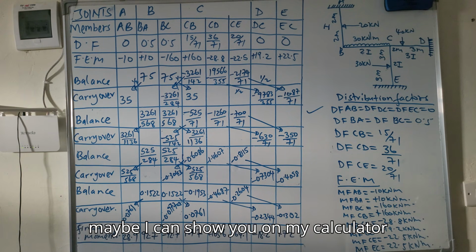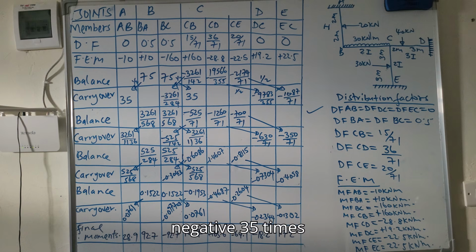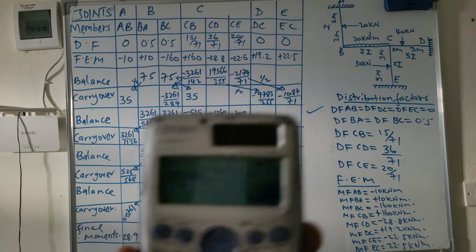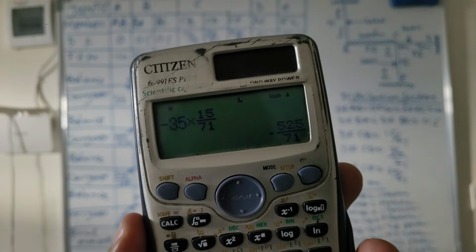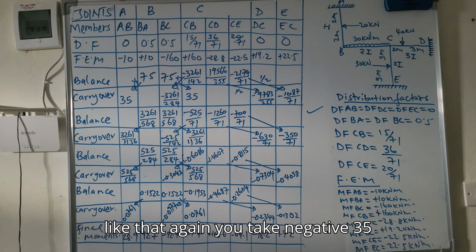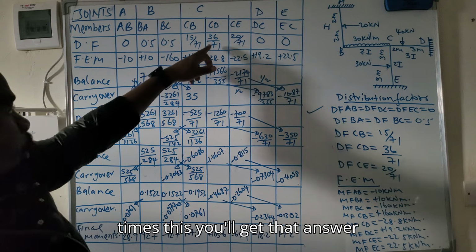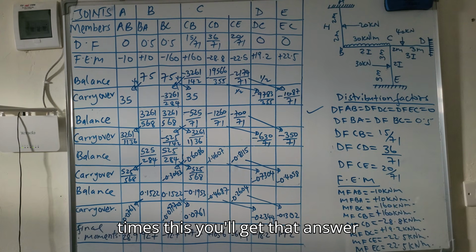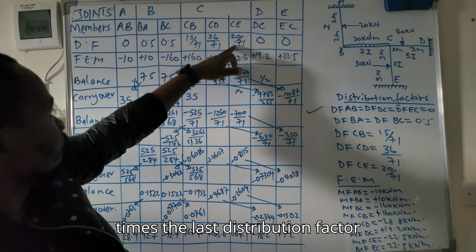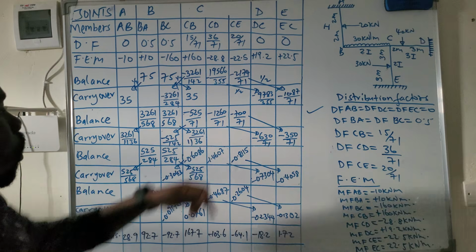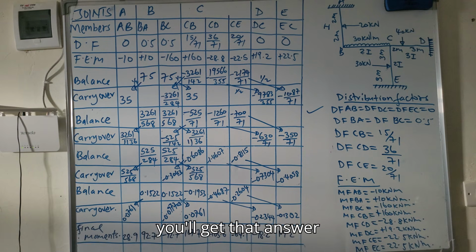Maybe I can show you on my calculator. Negative 35 times 15 over 71. So that is 525 over 71. Like that. Again, you take negative 35 times this, you will get that answer. Again, negative 35 times the last distribution factor, you will get that answer.